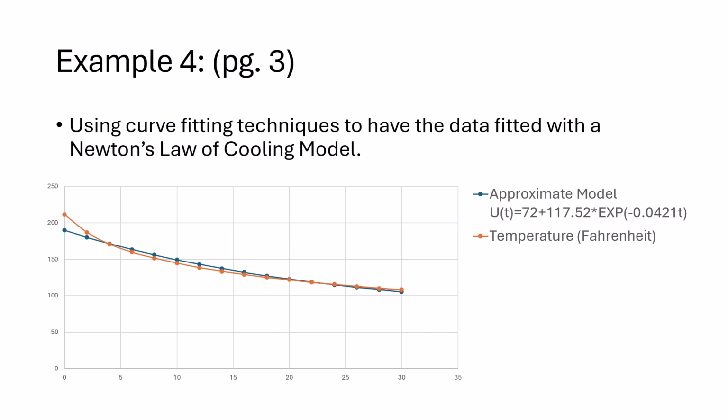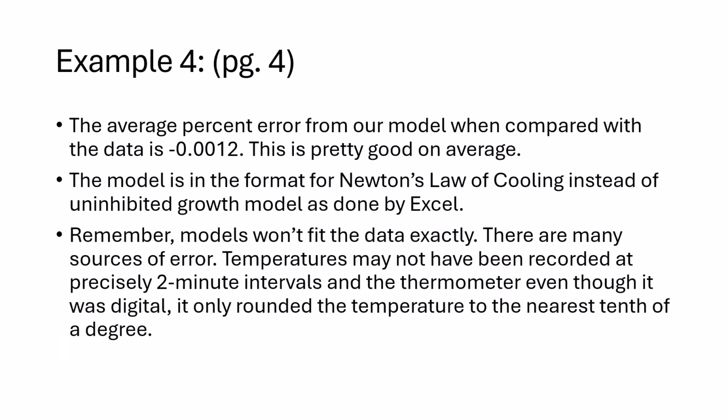The model I've used is really close to what the data is telling us. The average percent error from our model when compared with the data was about negative 0.0012, that's 0.0012% error, and that's actually pretty good on average.